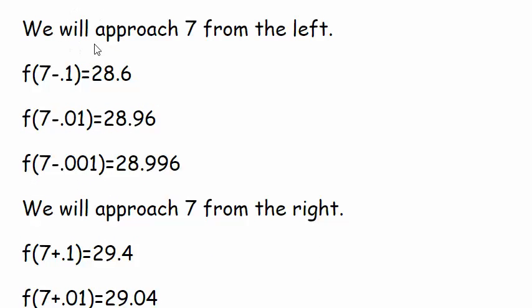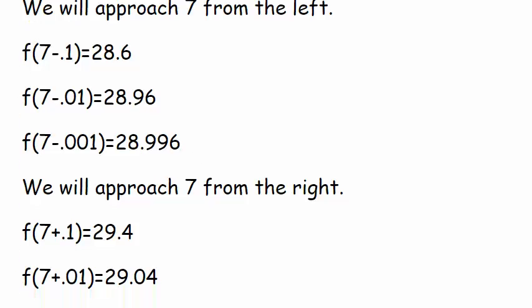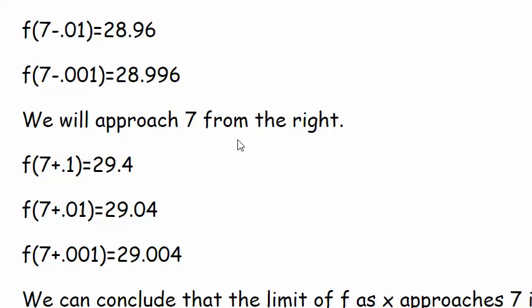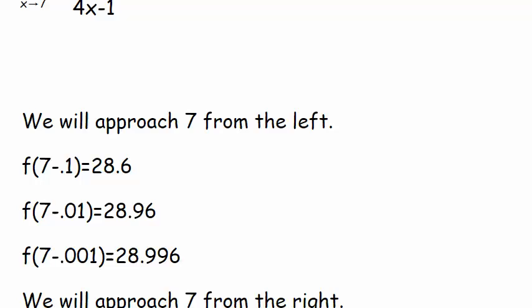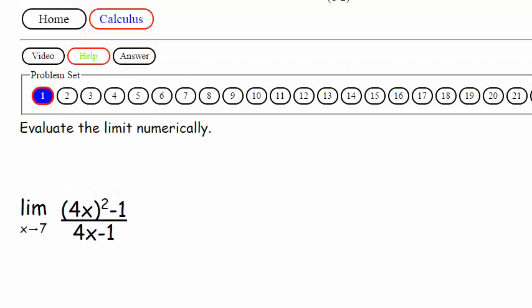So the same thing here, we'll approach 7 from the left hand side, and as you can see here, this number is getting closer and closer to 29, and of course approaching 7 from the right hand side, since both these numbers are converging towards the same number, we can conclude that our limit is going to be 29. And so that's what the limit is.